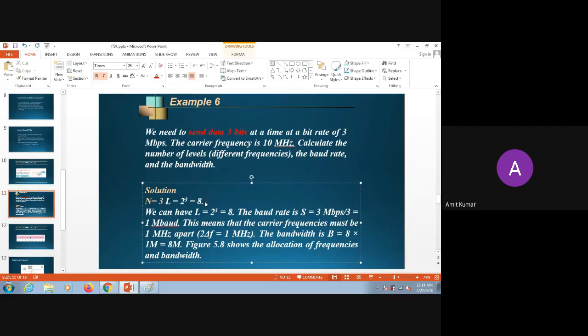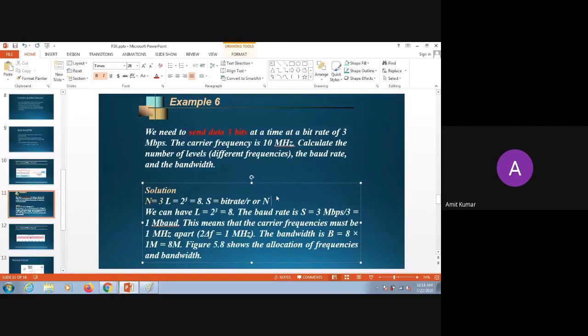So S will be given by the bit rate divided by R, or here you have represented N. So the baud rate will be given by the bit rate divided by N, where N is the number of bits, or R. In the previous session, we represented it using R.